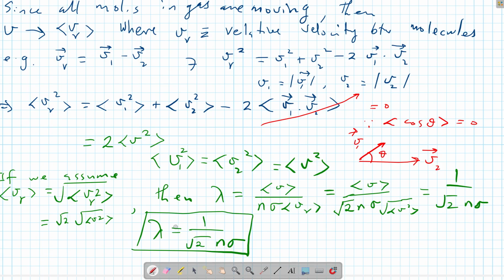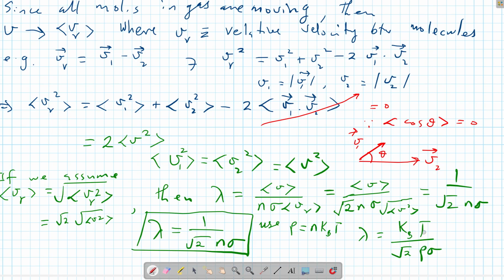Okay, but before concluding, let me mention that one can use the expression P equal to n kBT to have an expression for the mean free path lambda equal to kBT divided by square root of 2 P sigma.